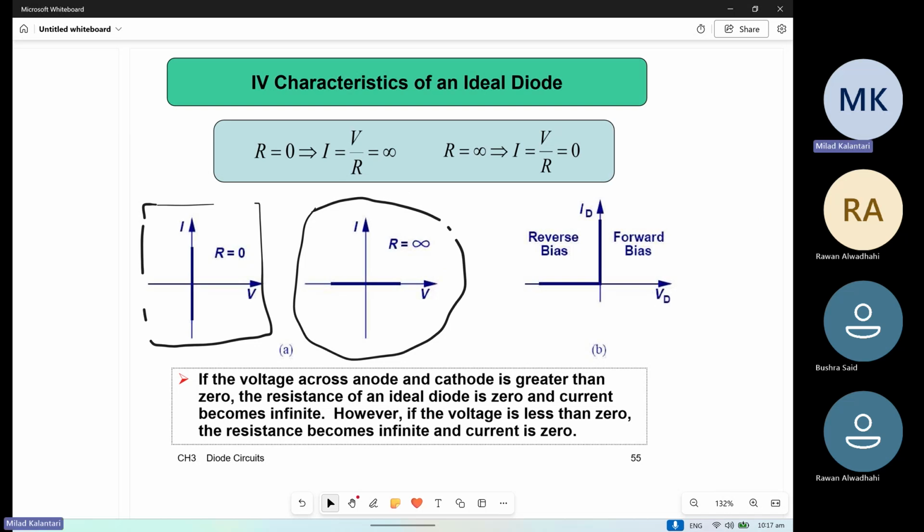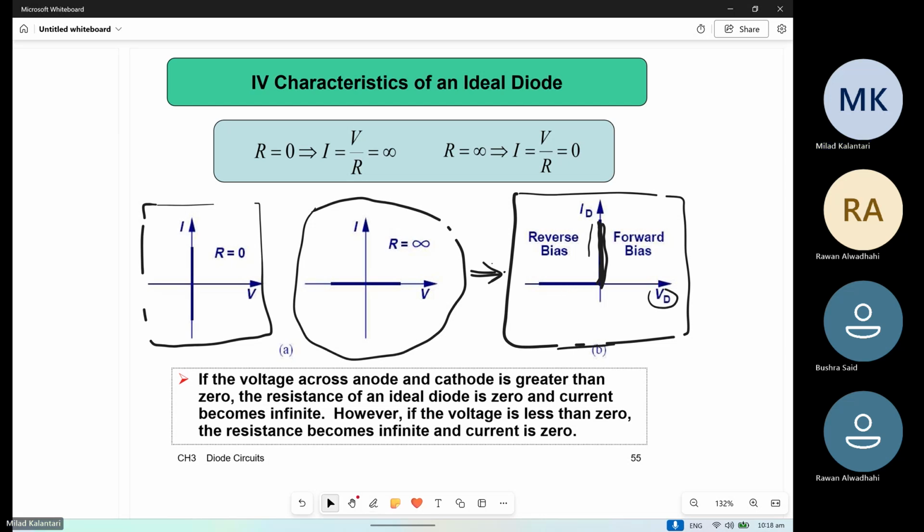And then the diode is kind of a combination of these two regions. At a certain voltage, once the voltage is higher, it looks like a short circuit, this region. And once the voltage of the diode is negative, then it doesn't have any current.